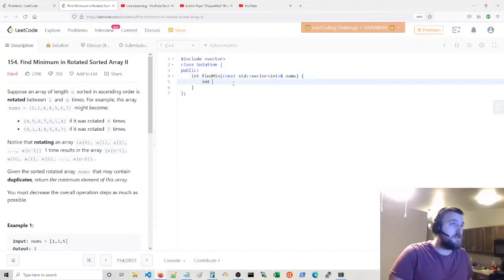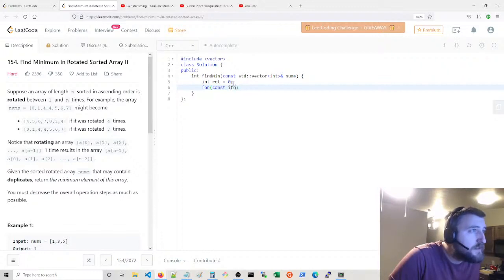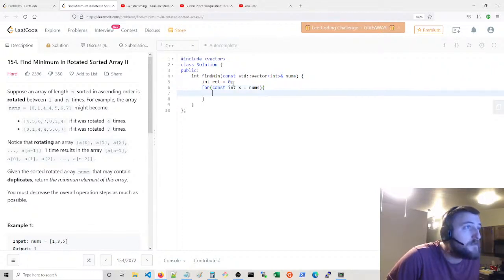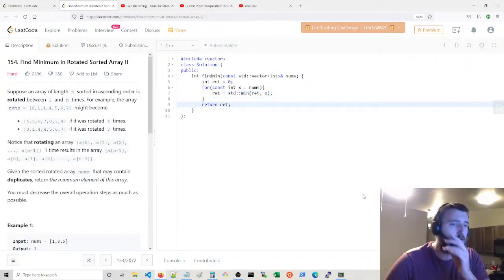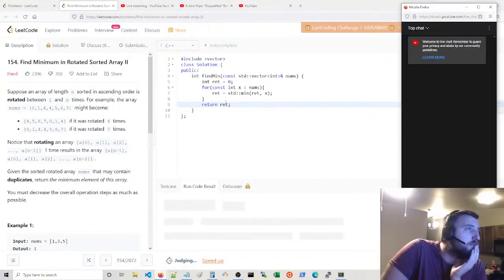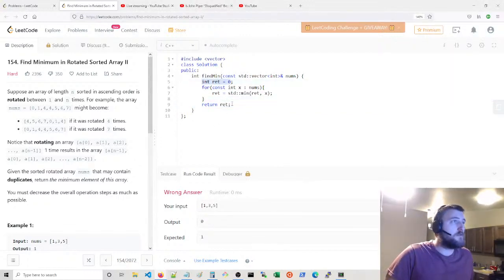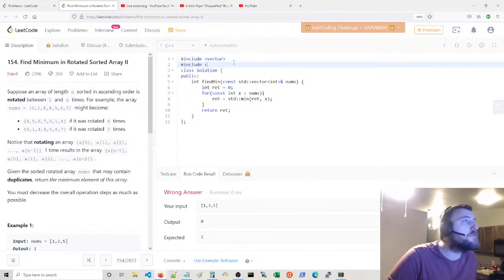All right, let's just say int ret equals 0, for const int x in nums, ret equals std::min of ret and x. Return ret. Forgot one detail. Include.